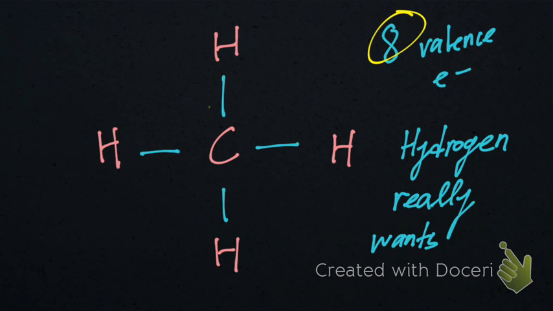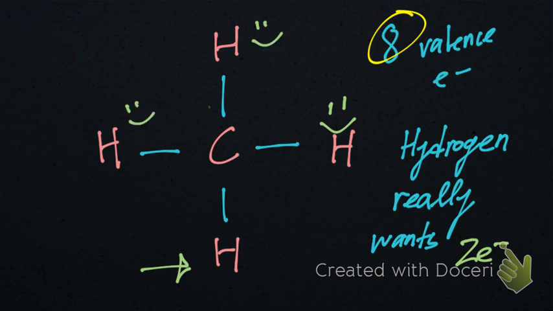So hydrogen. Is this hydrogen here happy? It has 2. Remember, a line is 2. Hydrogen really wants 2 electrons. So this hydrogen's happy, this hydrogen's happy, this hydrogen's happy, this hydrogen's happy. Is the carbon happy? Yeah. Remember, octet rule. All the other atoms want 8.